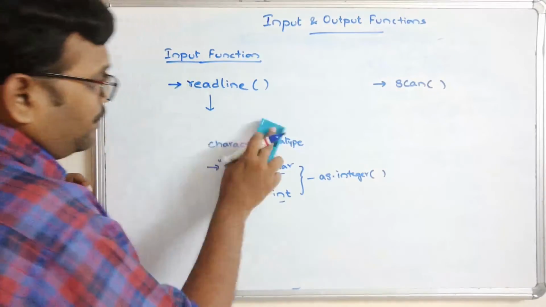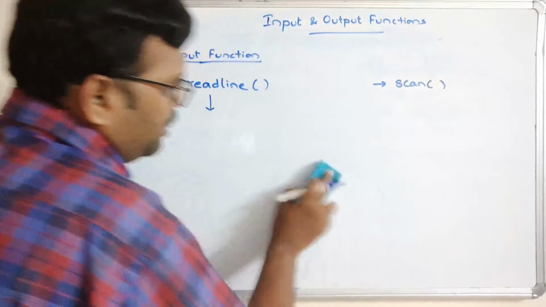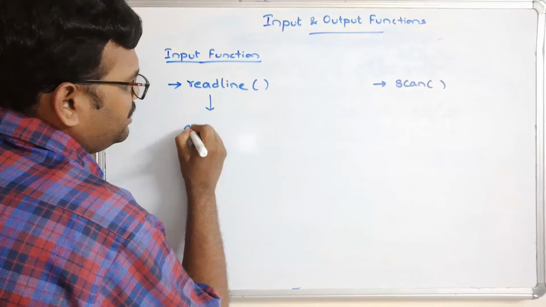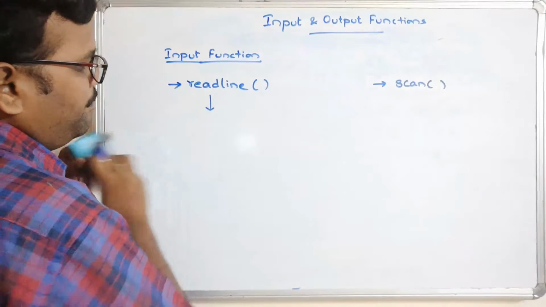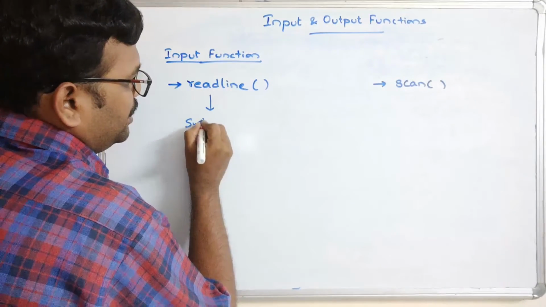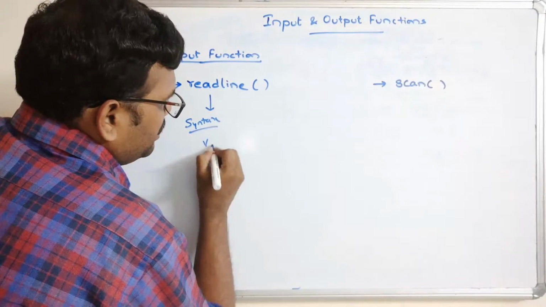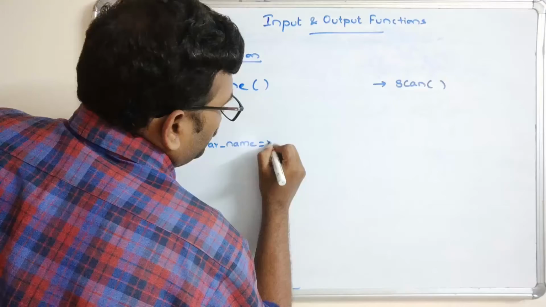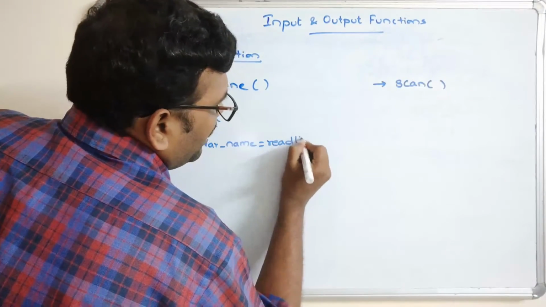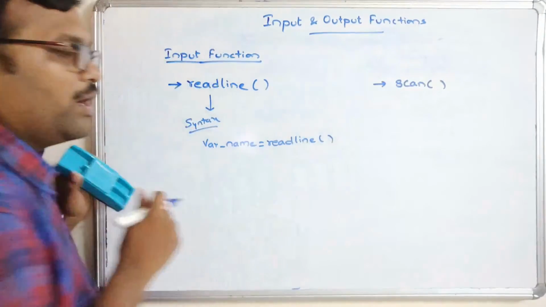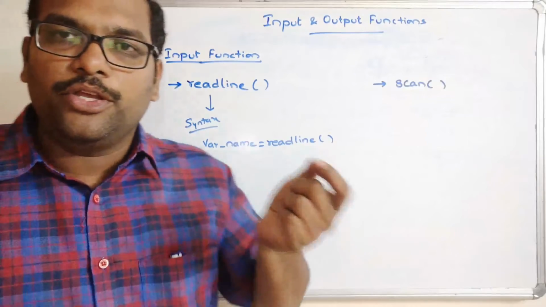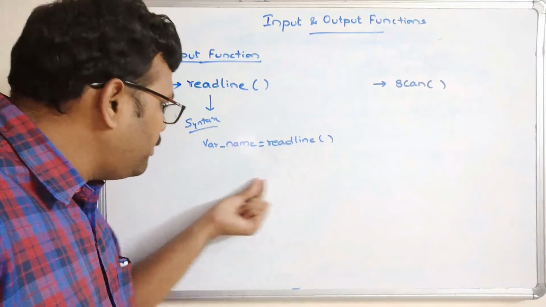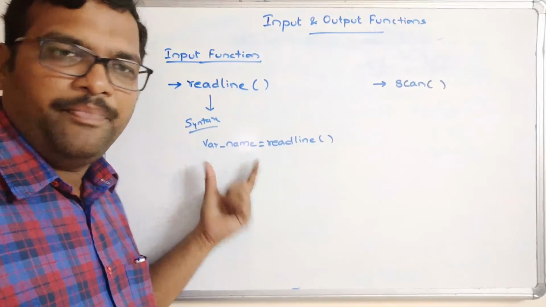Now the syntax for readline is a variable name is equal to readline. Automatically, whatever value the user enters during the runtime will be stored in this particular variable name, right?